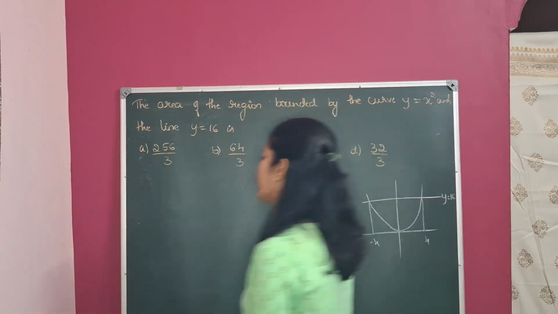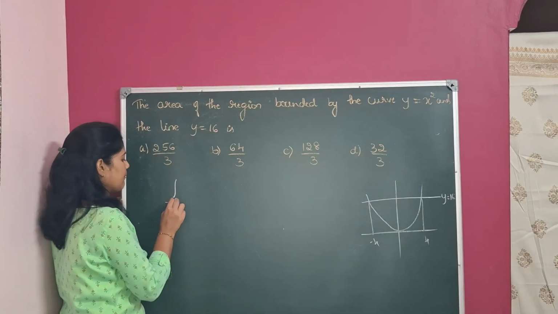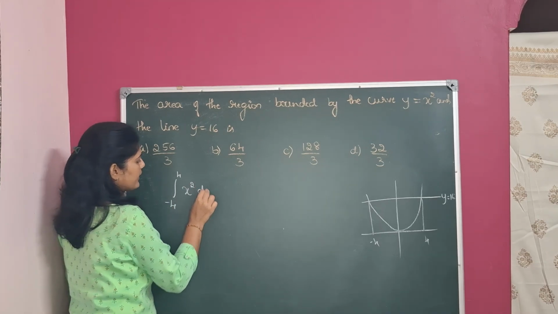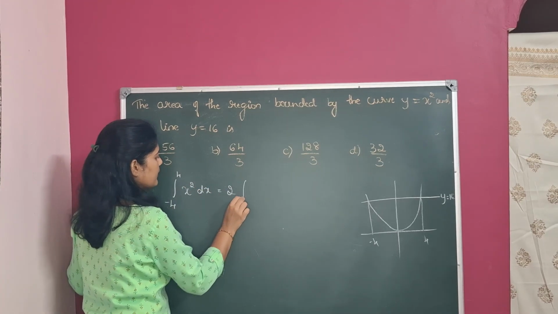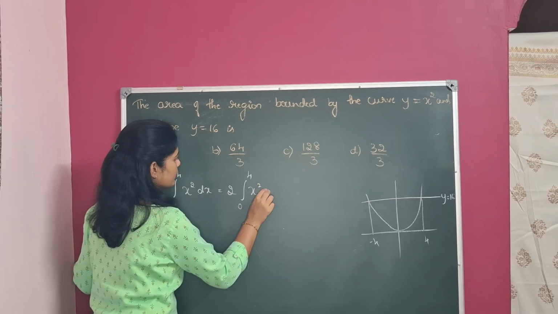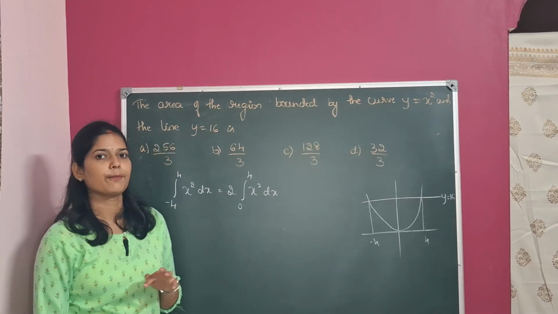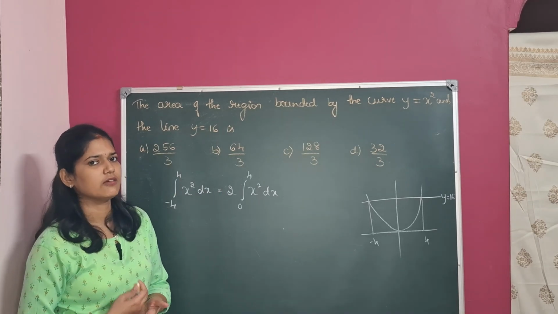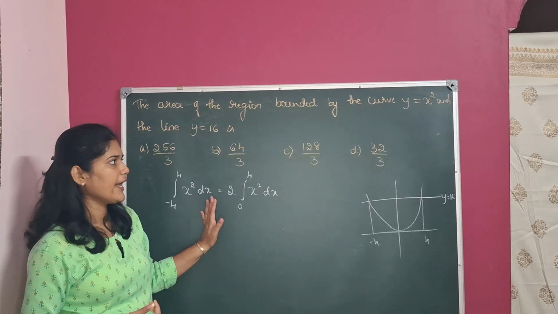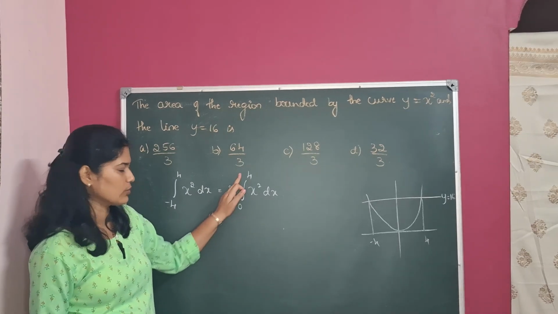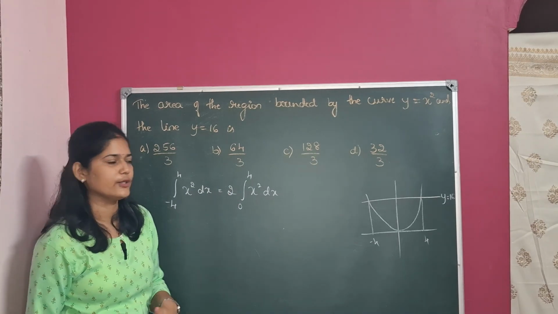Therefore, we have to find the integral from minus 4 to 4 of x square dx, which is nothing but 2 into the integral 0 to 4 of x square dx by using property 7. Whenever we have minus a to a, we have to check whether the function is even or odd. x square is an even function, therefore we can write it as 2 into the integral 0 to 4 of x square dx.